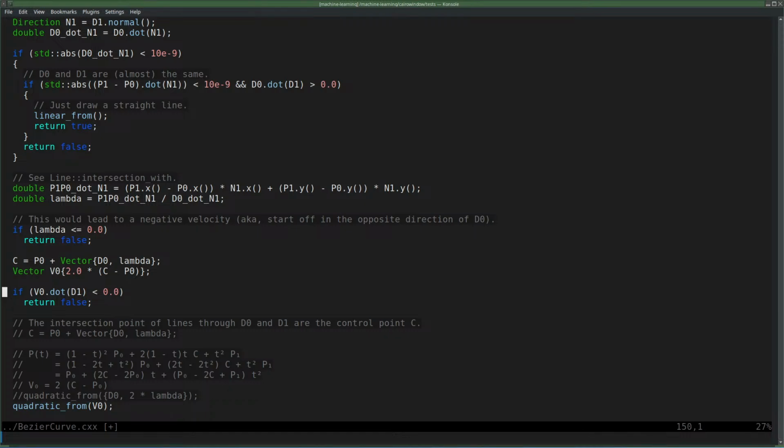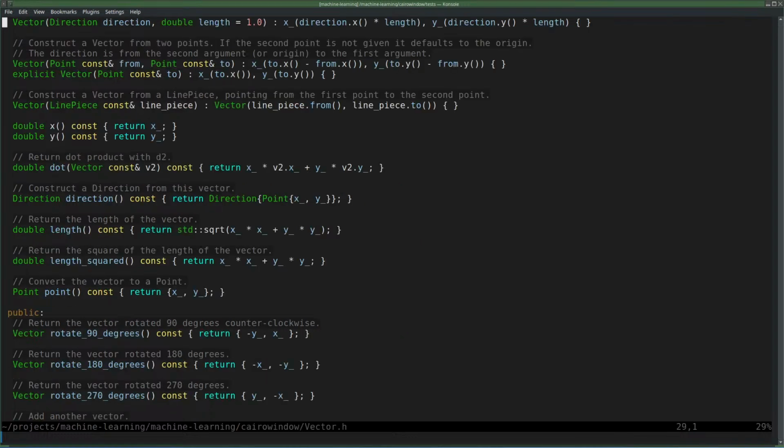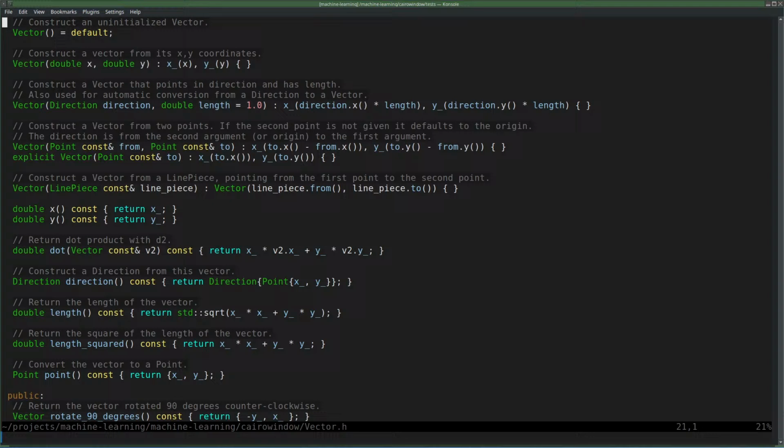And of course you can't do this because I don't have a dot product between a vector and a direction. I have a vector cross vector. I think the easiest way is to create a vector from a direction.